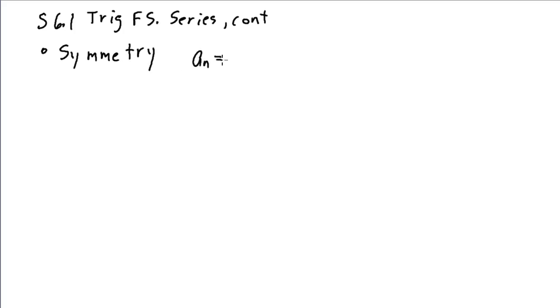Recall that we calculated the amplitudes of the cosine terms using this formula. I'll write it in the form of integrating from minus t0 over 2 to plus t0 over 2, x of t, cosine of n omega 0 t dt.